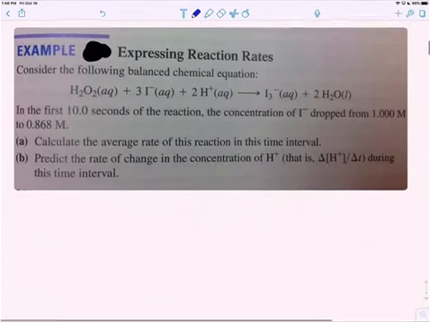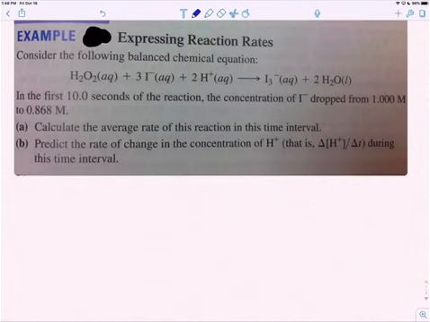So let's look at this example. We have hydrogen peroxide plus 3 iodides plus 2 hydrogen ions makes I3 minus plus 2 waters. In the first 10 seconds of reaction, the iodide concentration dropped from 1 molar to 0.868 molar. What is the average rate of this reaction in the time interval?